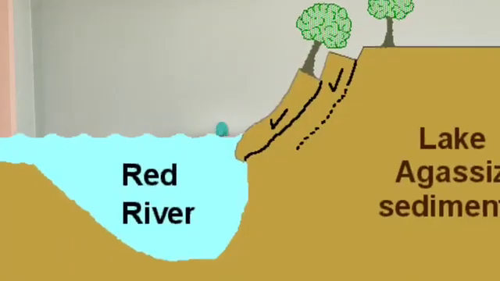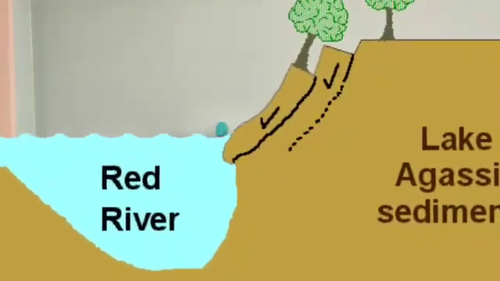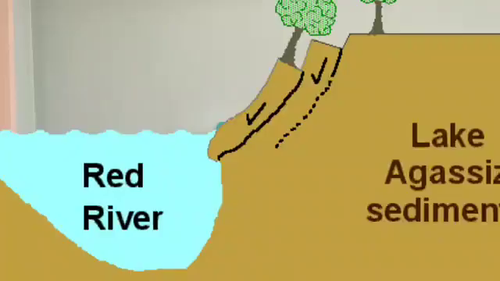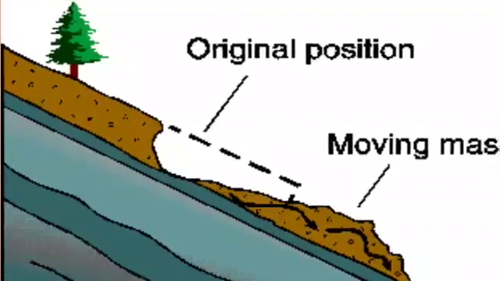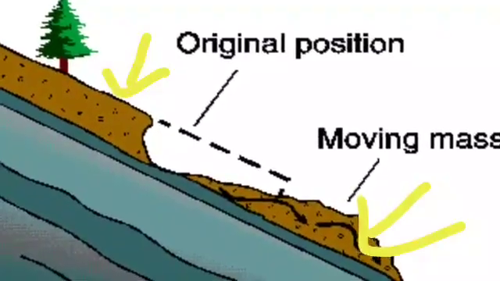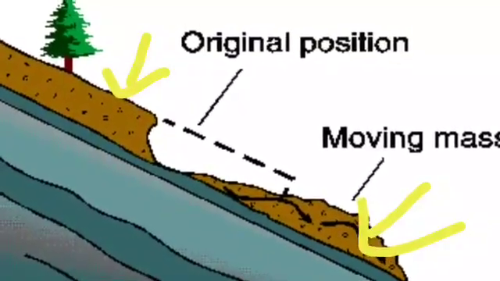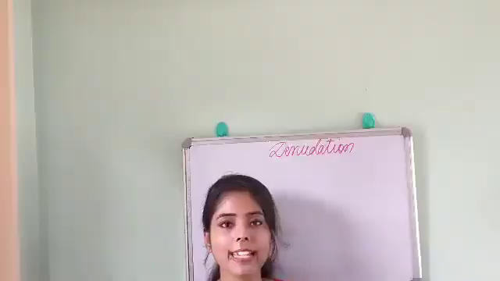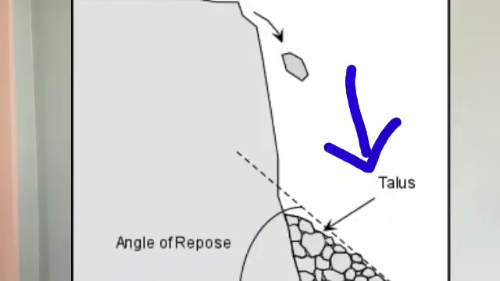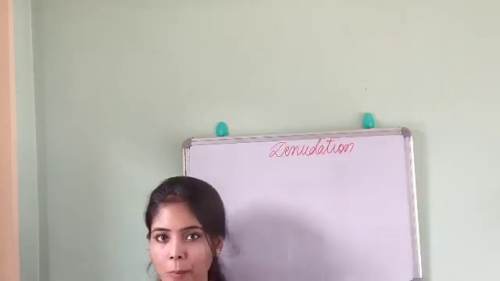Then there is mass wasting. What is mass wasting? Just imagine a hill region or mountainous region. There the particles are very loosely packed on the surface of the region. Then what will happen? We know that there is always a gravitational attraction by the earth.